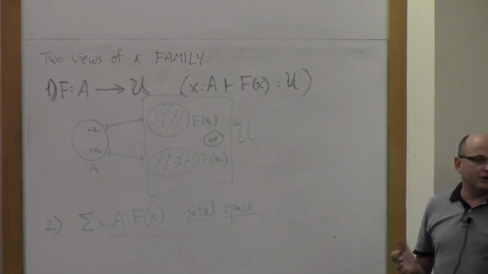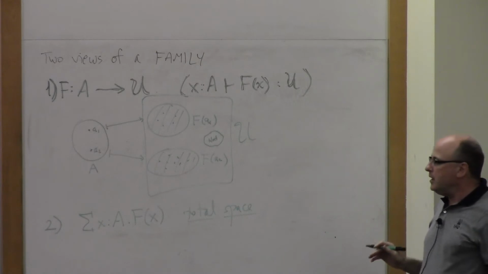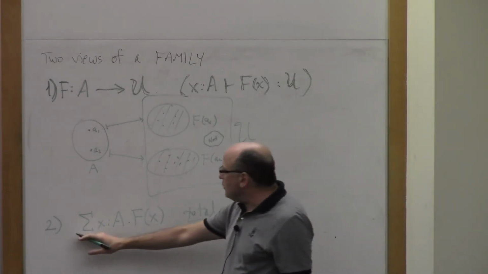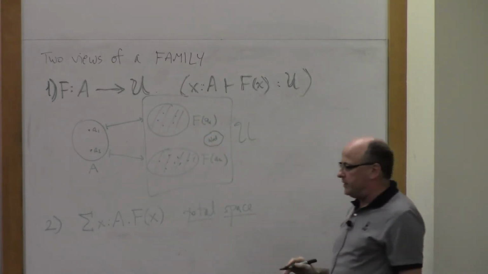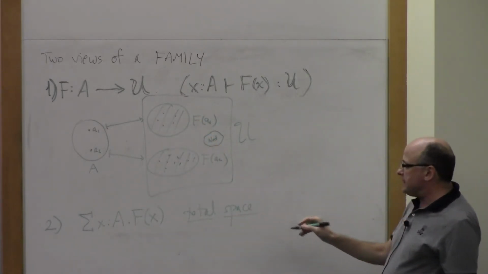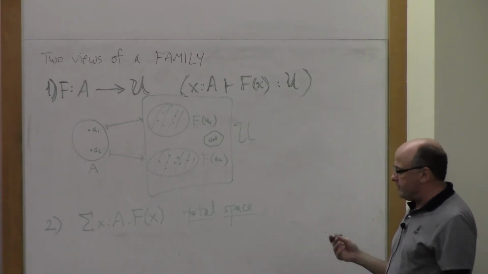I mean, it could very well be, right? It's just the idea that it's not necessarily onto. But what's happening here is I'm gluing together all the balloons that actually arise and forming a single space. So you can think of these things, and there's a picture that I'm going to draw. So that's called the total space of the family.